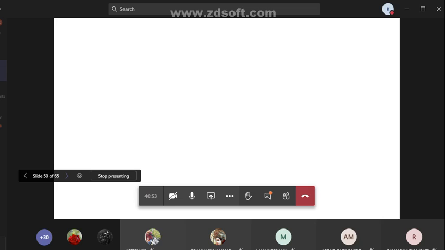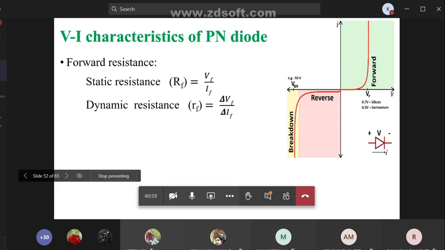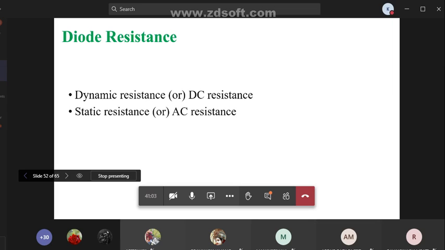There are two resistances: one is dynamic resistance or AC resistance, and the second one is static resistance or DC resistance.